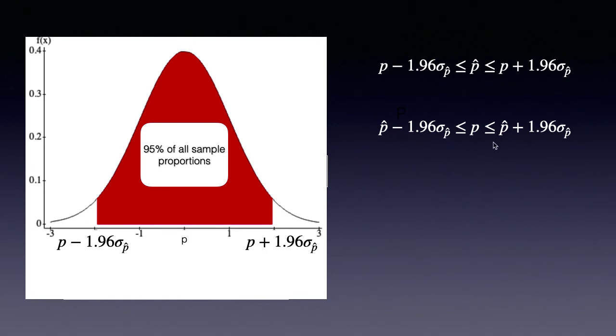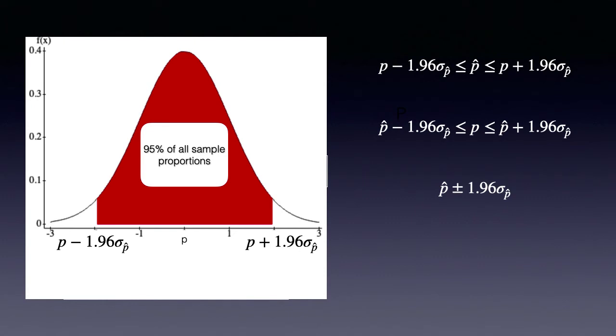Written compactly, this says that in order for me to be 95% confident, I have to go 1.96 standard deviations of p hat, which was discussed back in our sampling distribution days. So this is how we come up with the 95%.